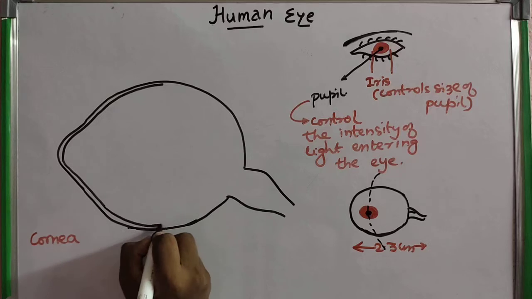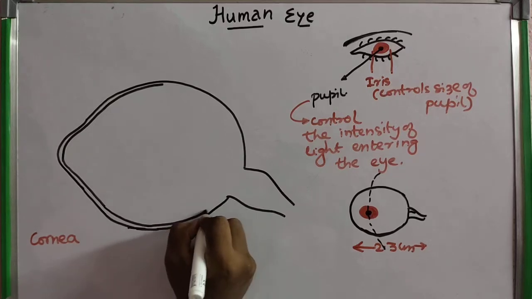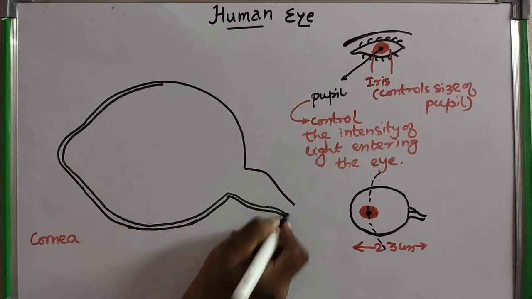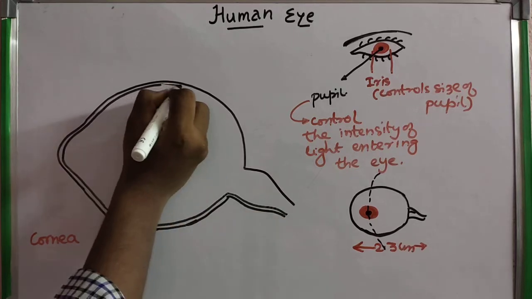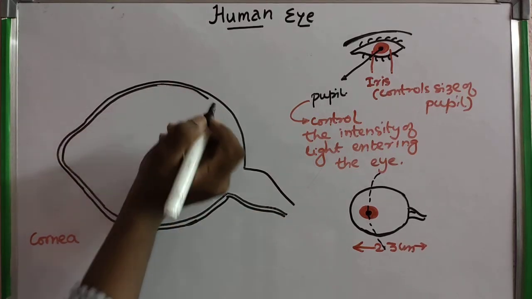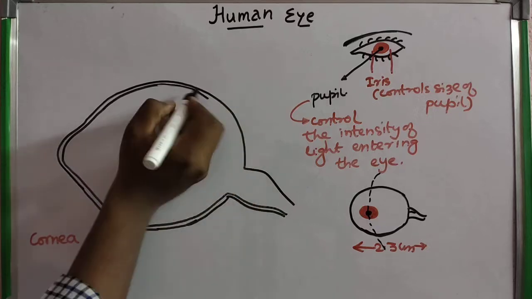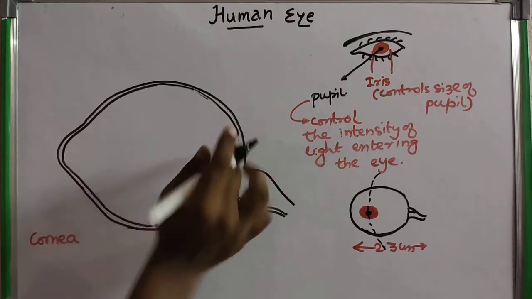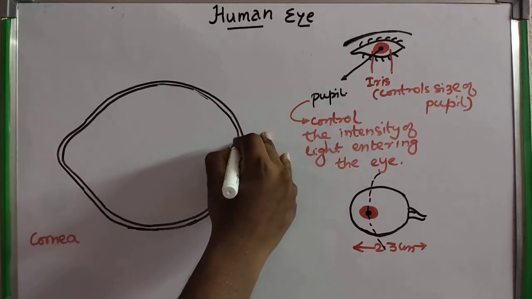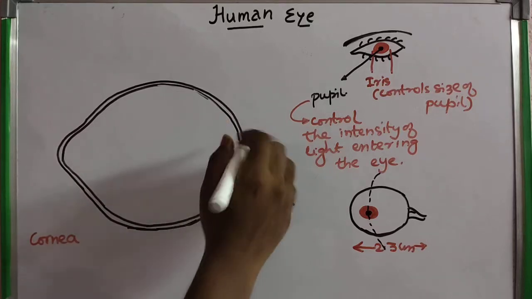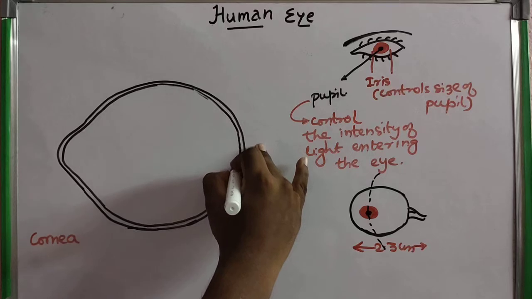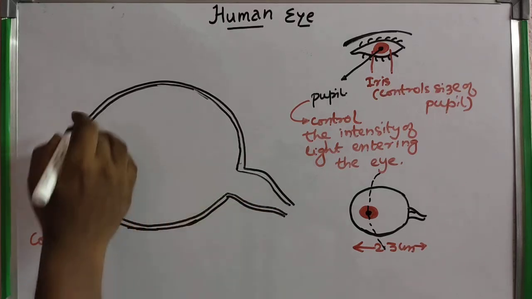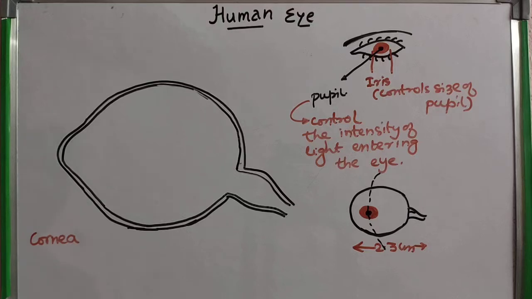Pardon me, it is not perfectly spherical. So first you draw a spherical structure. You can take the help of your compass from your geometry box and make this a perfect sphere.